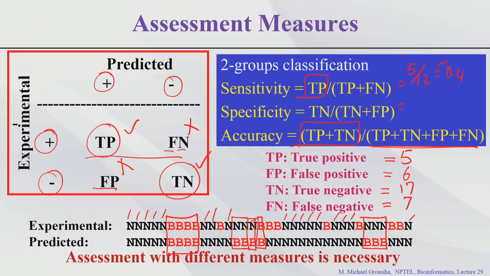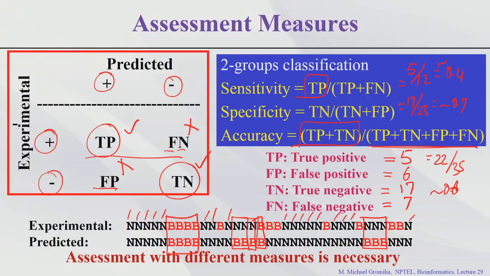Then specificity: true negative is 17, plus false positive, that is 23, so approximately 0.7. Then accuracy: true positive plus true negative is 22, divided by 35. This is approximately 0.6. Okay.